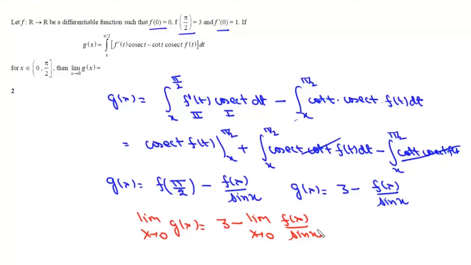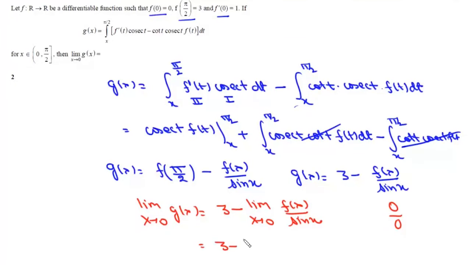Now f(0) is 0 and sin 0 is 0, so it is a 0/0 form, so we can use L'Hopital's rule. So it will be 3 minus the limit as x tends to 0 of f'(x) upon cos x. Now f'(0) is 1 and cos 0 is also 1, so 3 minus 1 is 2. So the answer to this limit is simply 2.